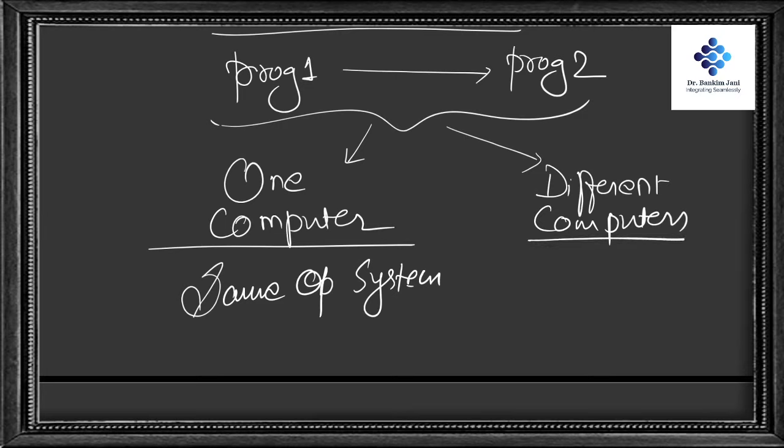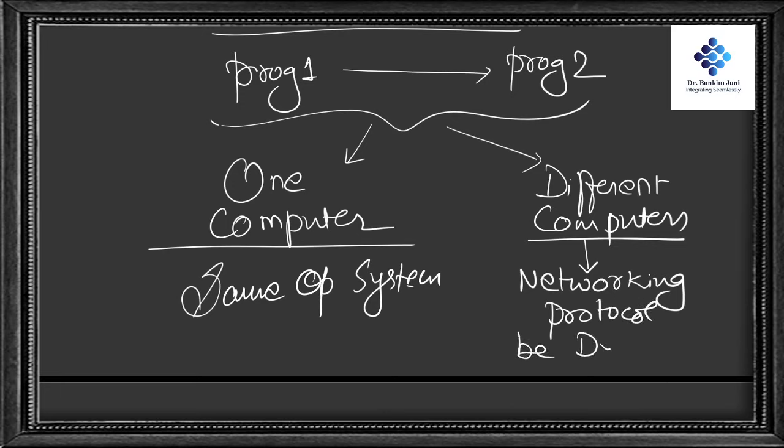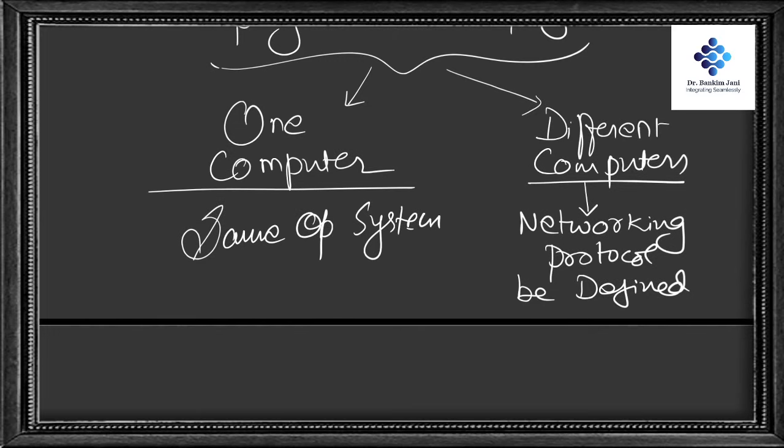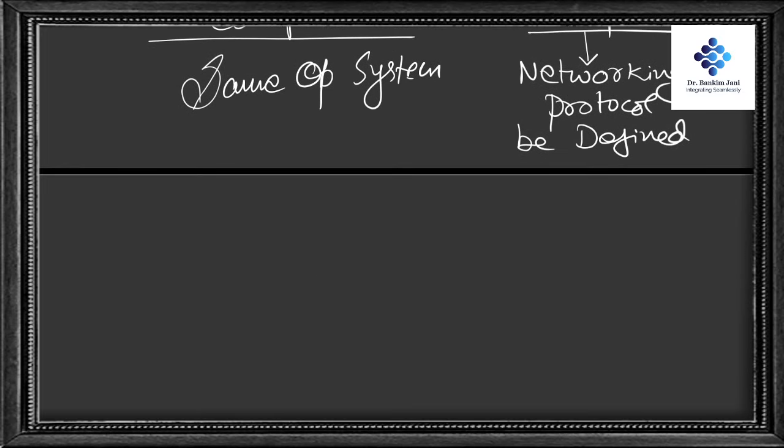That our APIs should be able to handle the networking protocol also, right? So it is this networking protocol which is to be added, which is to be defined. And obviously the simplest of the programs which is used for this purpose is HTML.